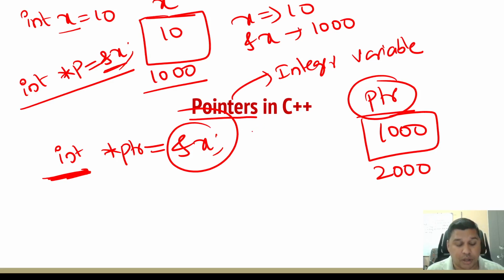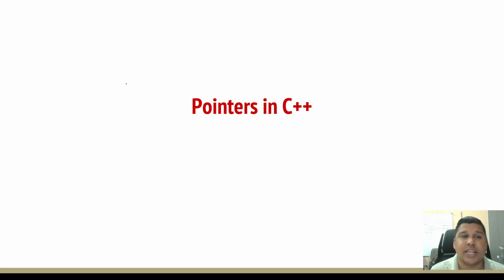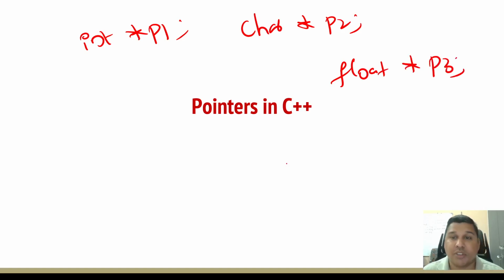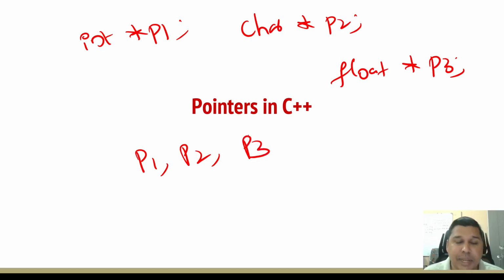We have already seen this example: when I write int star p1, or char star p2, or float star p3. Tell me, what is the size of p2?